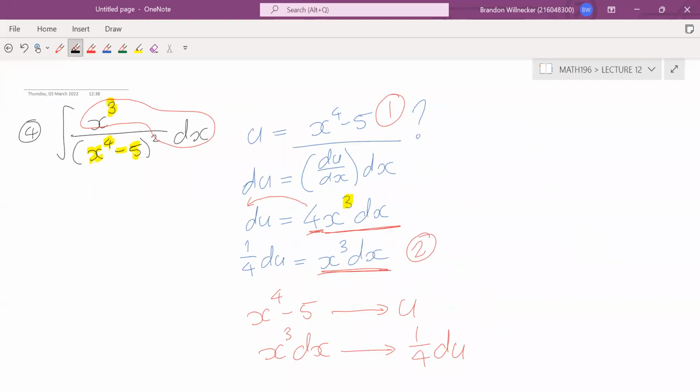So let's do that. We have 1 over x to the 4 minus 5, all of that squared. But x to the 4 minus 5, that's going to be u. So it's just 1 over u squared. X cubed dx, I'm going to replace that with 1/4 du.